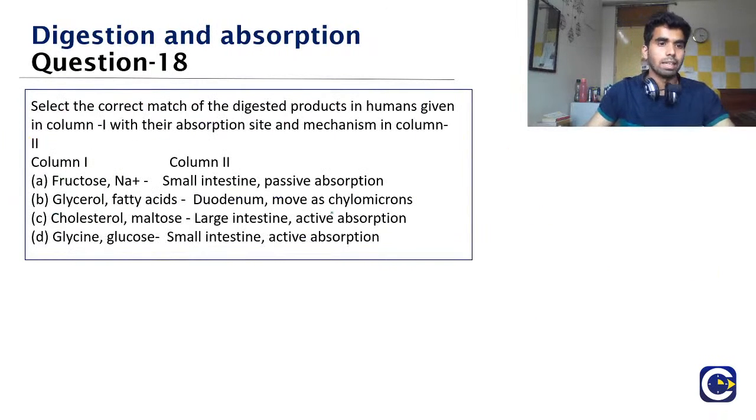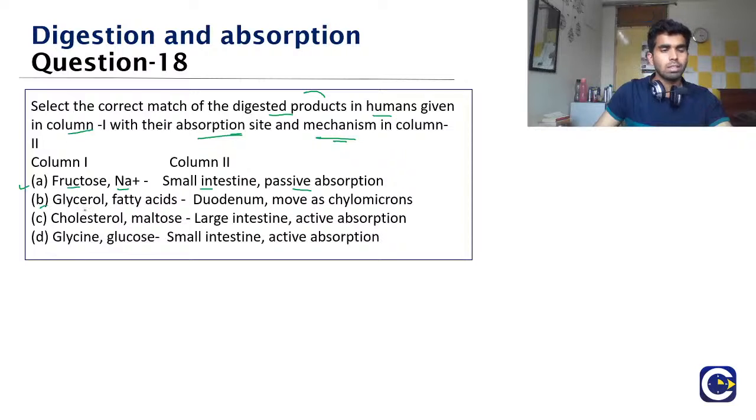Now coming to question number 18. Select the correct match of the digested products in humans given in column 1 with their absorption site and mechanism in column 2. First the products, and then the absorption site and also the mechanism. We have discussed this question, so I want all of you to answer it correctly. Column 1: option A, fructose and sodium in the small intestine by passive absorption.